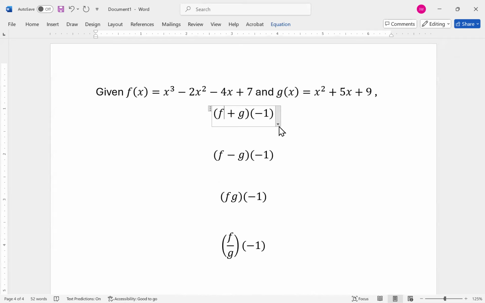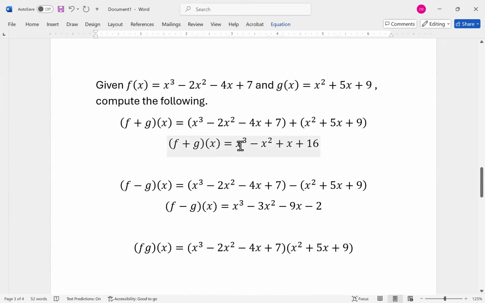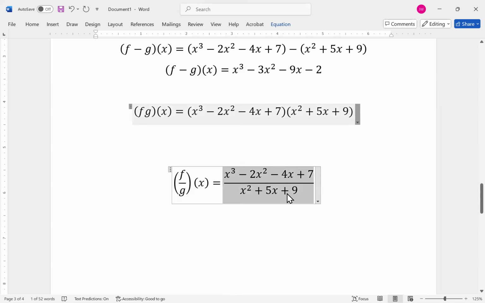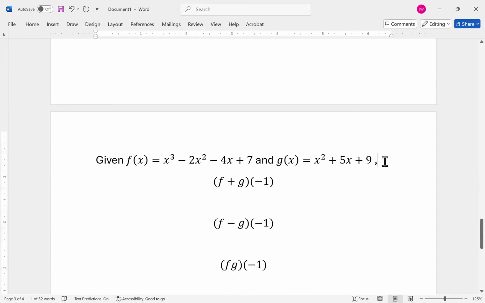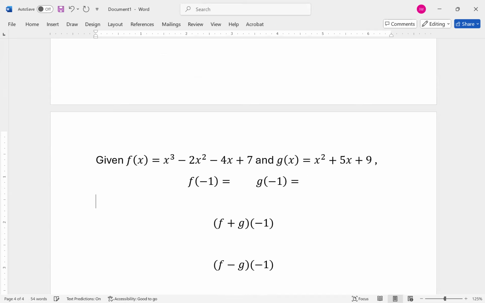I think what I'm going to do, instead of plugging in -1 into this, and then into this, and then into this, and then into this, I'm going to start by plugging in -1 into f, and then plugging -1 into g, and finding my output using those two values.